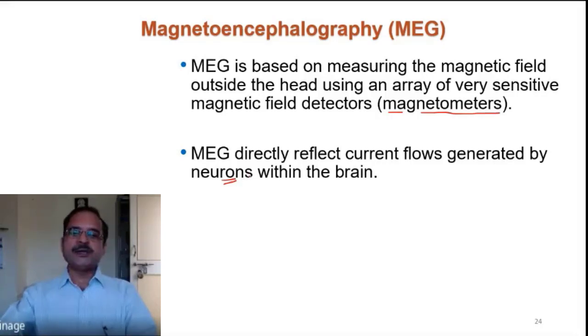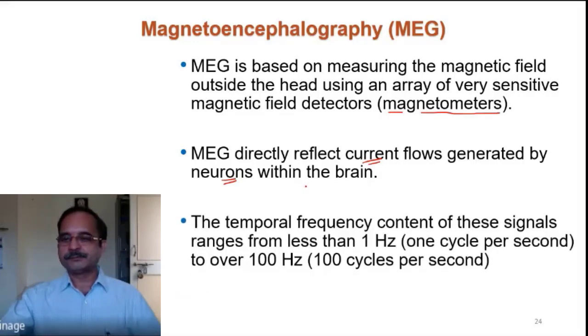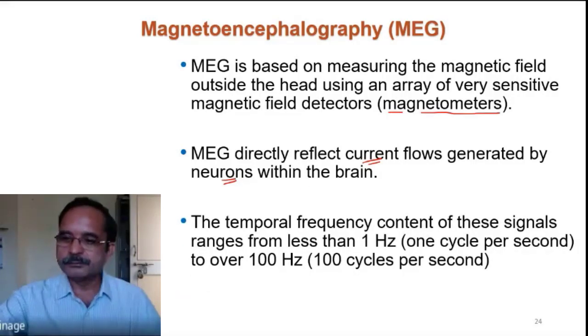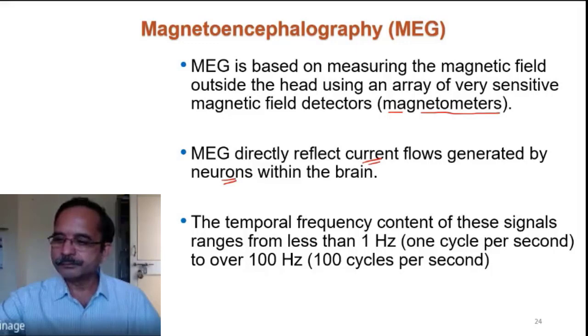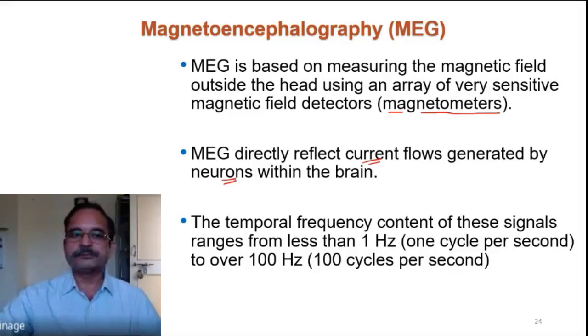So MEG is actually the current which flows in the brain, generated by the neurons within the brain. The typical frequency range for MEG is 1 hertz, that is 1 cycle per second, to 100 hertz.